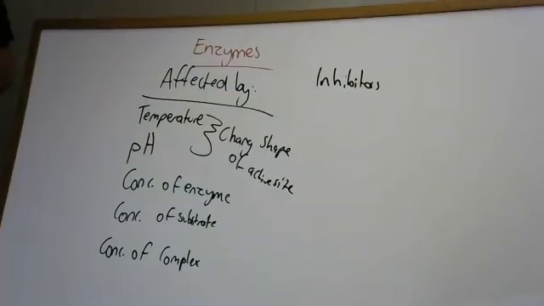A lot of poisons that are used to poison people, I guess, are actually enzyme inhibitors. So they competitively or non-competitively bond to the active site of the enzyme and block it from reacting with the substrate.